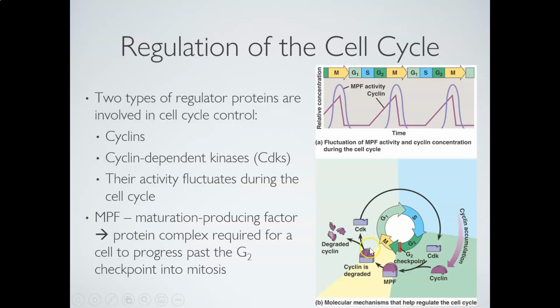And as we get through the end of cytokinesis, that cyclin is being degraded in the cells, and that degraded cyclin then means that it's no longer connected to that CDK, and so that cyclin drops off as well as that MPF activity drops off, and that brings us to the end of mitosis, end of cytokinesis, and then that new cell has some level of CDK in it as well. When we go through cytokinesis, this stuff hangs out in your cytoplasm until we get through that G1 checkpoint and start building up that cyclin level again, and the cycle continues.